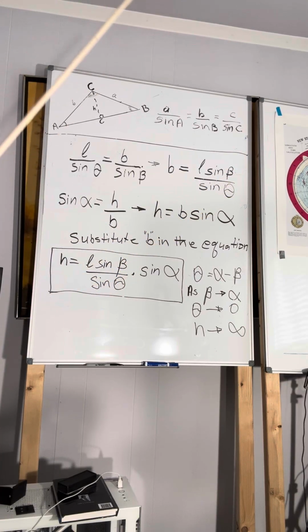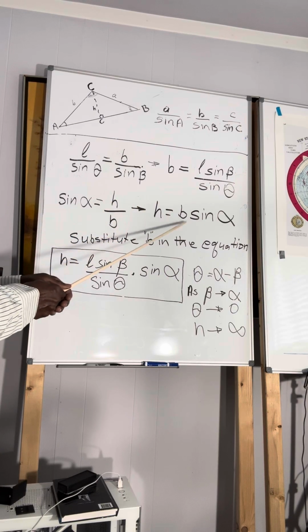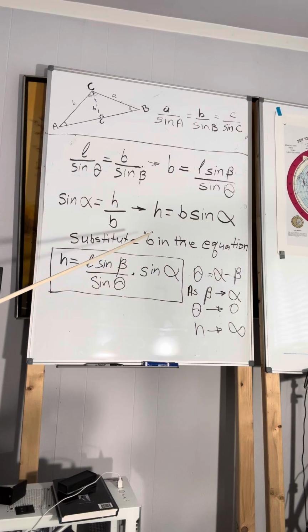But we also know the other triangle. We know that sine alpha is equal to H over b. So therefore, H is equal to b sine alpha. We substitute b in the equation. We have L sine beta divided by sine theta, times sine alpha. This is the height of the sun.